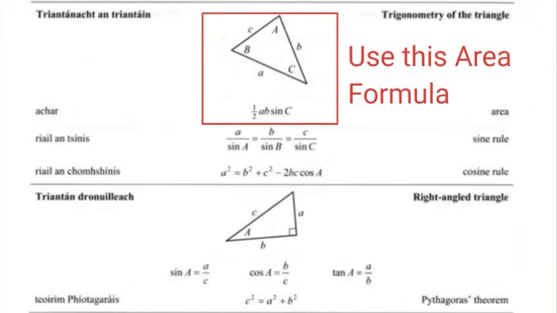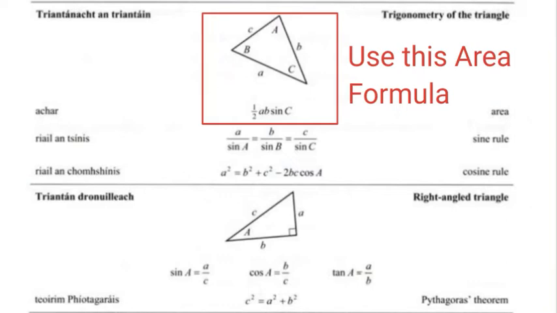On to part 2. Show that the area of the triangle PQR is 16 root 3. So as you can see, that's in surd form, so we will keep that in mind. Alright, so for the area we need to use this formula in your log tables. You can see it on page 16.